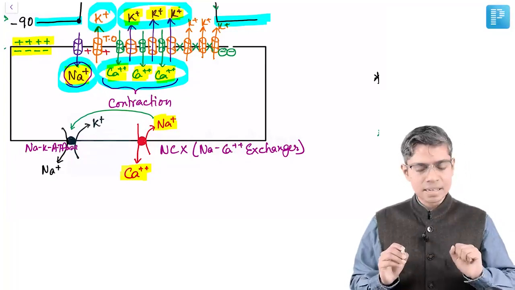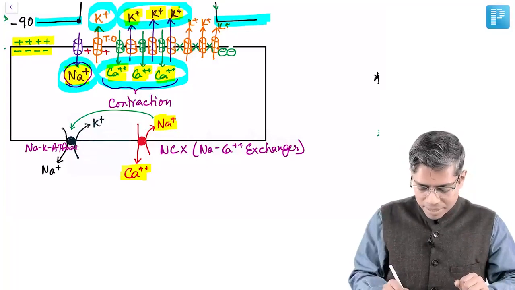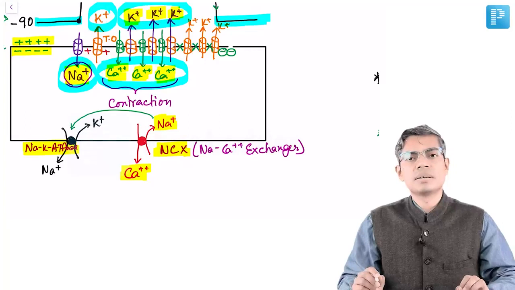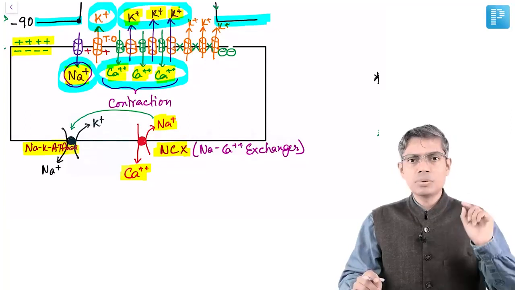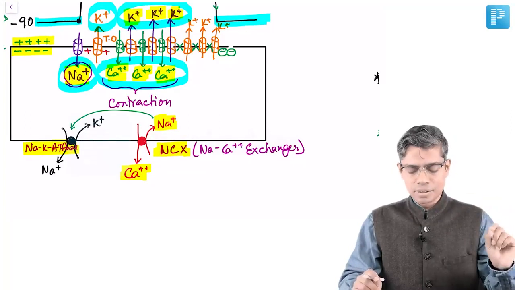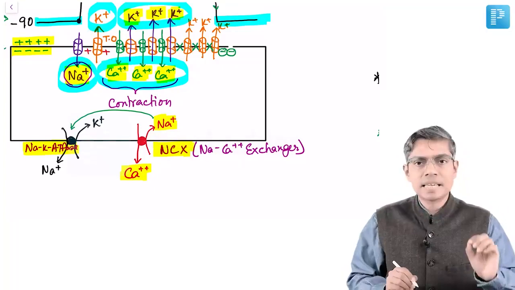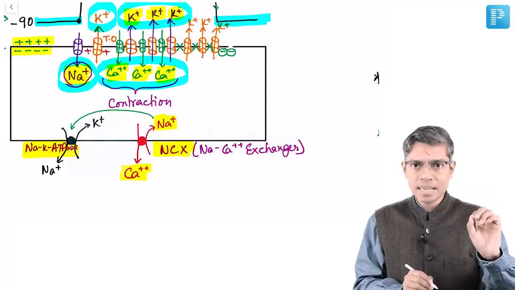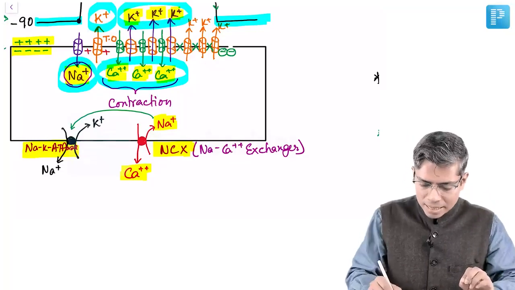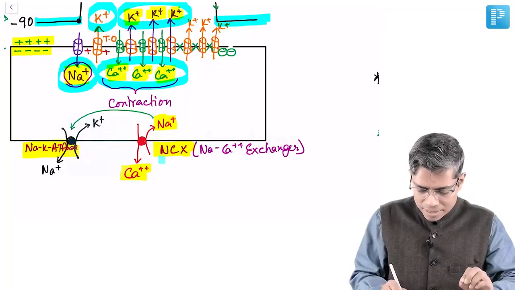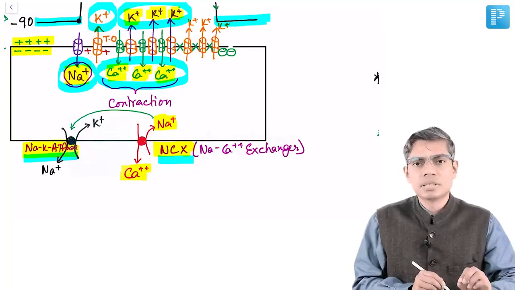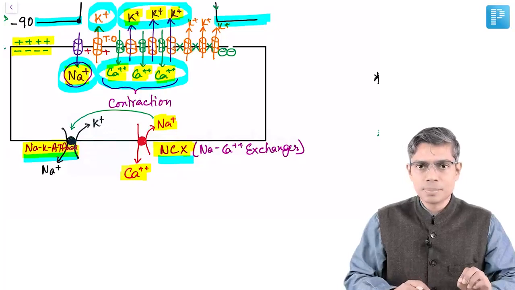That means this sodium calcium exchanger is dependent on the sodium potassium ATPase pump, and I told you clearly in general physiology that this NCX is a secondary active transporter and the sodium potassium ATPase is a primary active transporter. The secondary active transporter, NCX, is dependent on the primary active transporter, the sodium potassium ATPase pump.